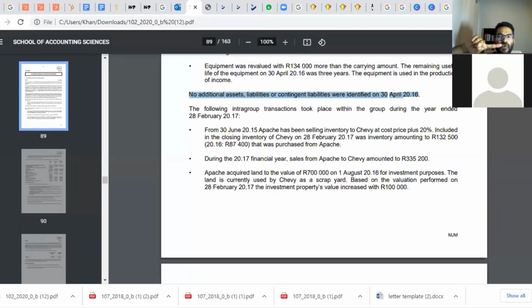Journal entry number 2 and journal entry number 3 are to eliminate the unrealized profit sitting in closing inventory. The second journal entry will relate to the closing balance of the current year, and the third journal entry will relate to the closing balance of the prior year. I'll do journal entries with you when we answer the question.